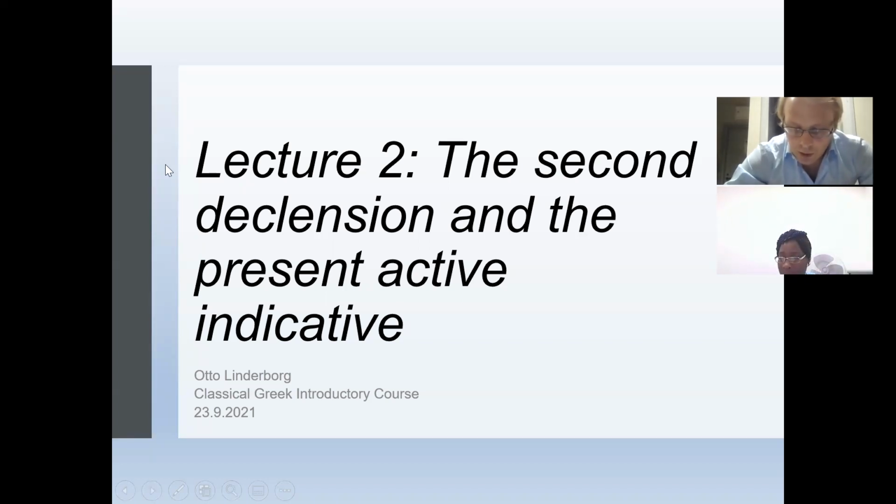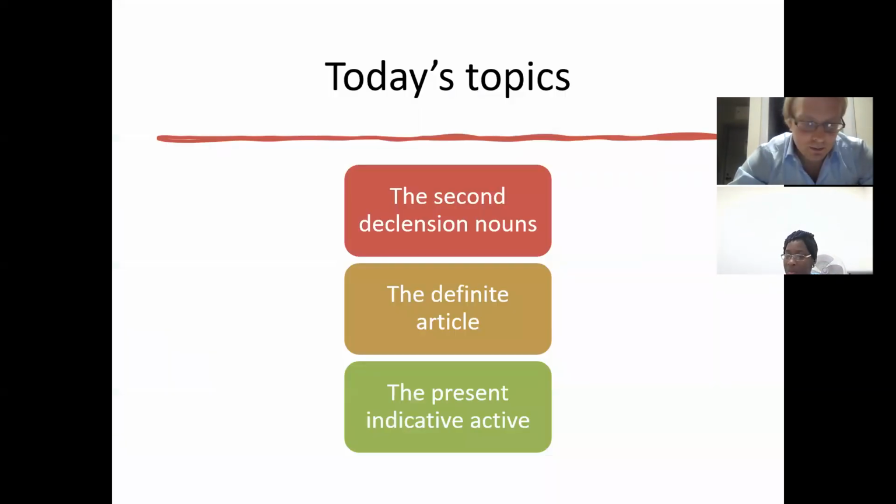Okay, so welcome to lecture 2 of my classical Greek introductory course. Today, we are going to start looking at the declensions of nouns. Especially, we are going to concentrate today on masculine nouns of the second declension.